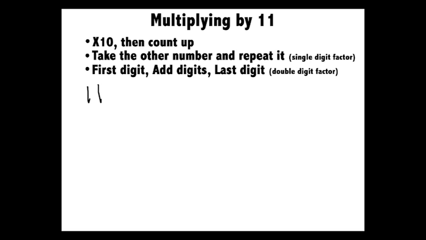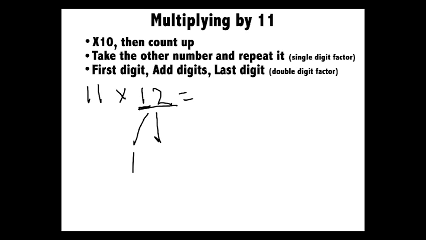Let's say I'm taking 11 times 12. I'm going to take a look at the other number I'm multiplying by, which in this case is the number 12. I'm going to take my first digit, which is the 1, and write it right here.